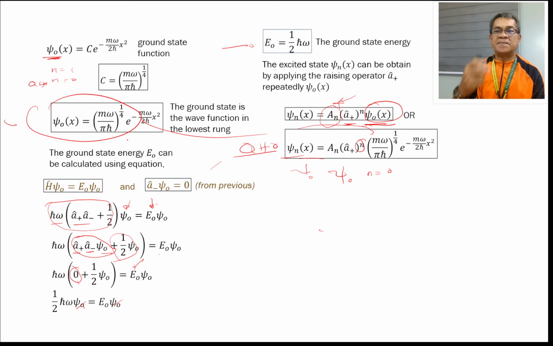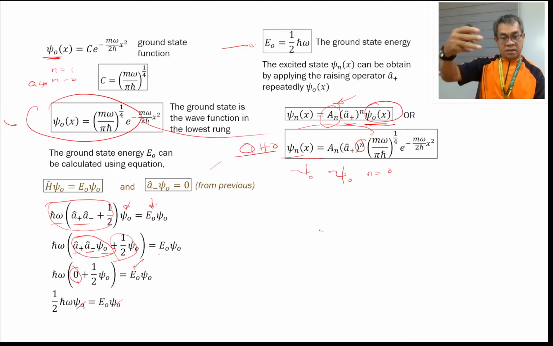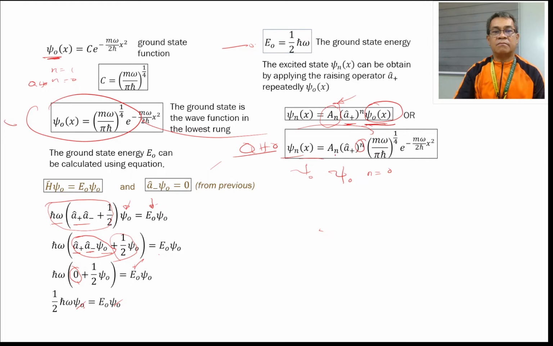And of course this will become zero, so we don't have this. But if we wish to move to a higher rung, then n equal to 1, n equal to 2, and so on and so forth.